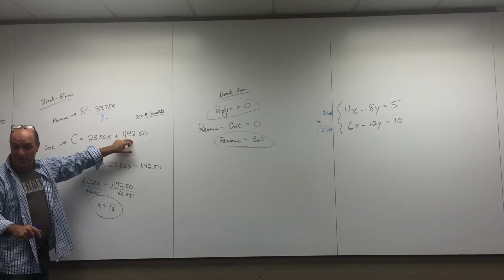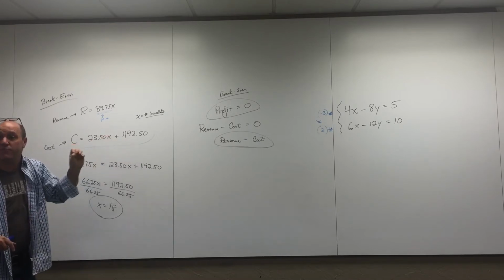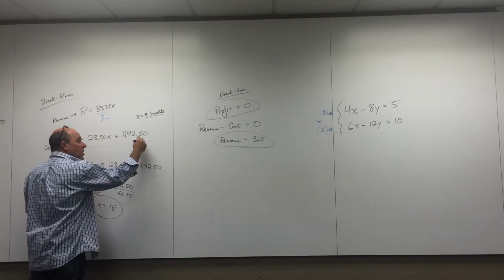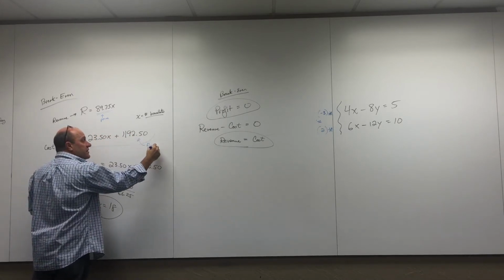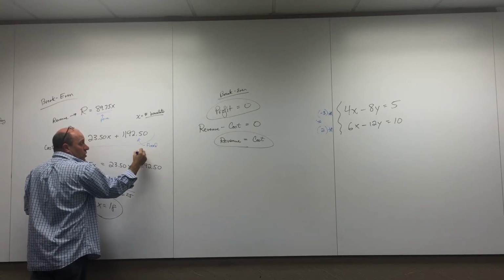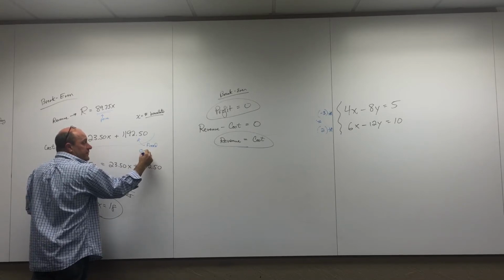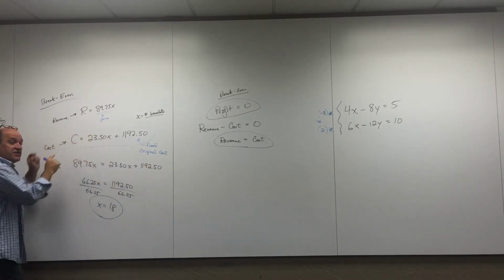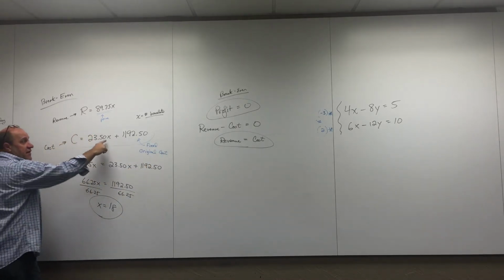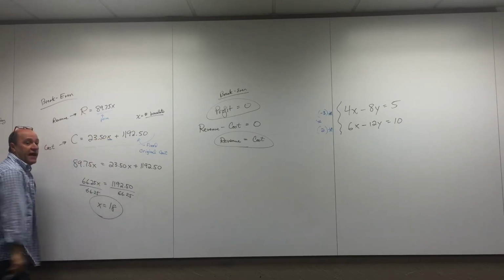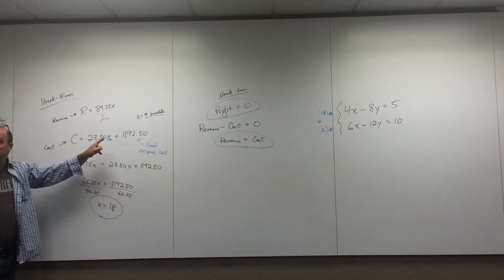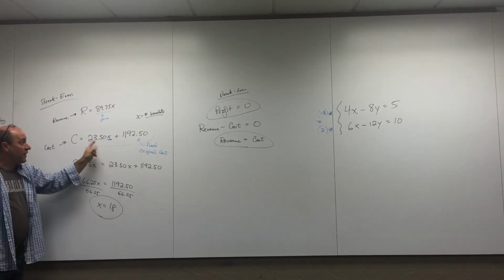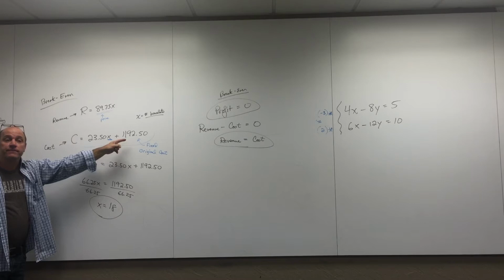Well, anyway, you know what I mean? That's your original cost, or let me call that a fixed cost. The reason it's fixed is because it doesn't change. But cost does change for every bracelet I build. When I build one bracelet, I add $23.50 to that cost.